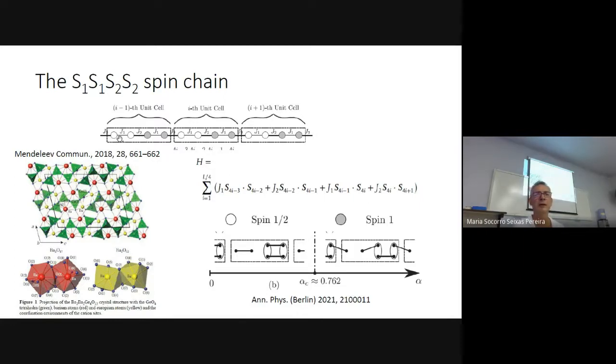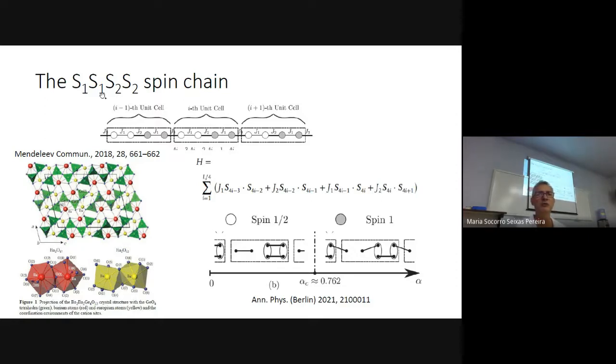A possible realization of this kind of spin chain model is in this barium-europium compound that has the main magnetic couplings along a chain, where we alternate a pair of barium ions with a pair of europium ions. So this would be an example of a spin chain where we have 2 spin 1/2 followed by 2 spin 5/2.